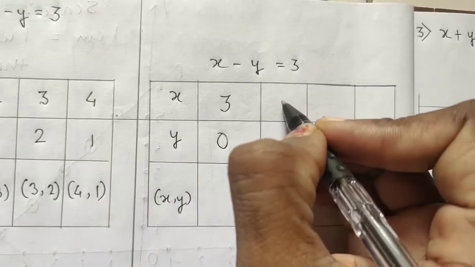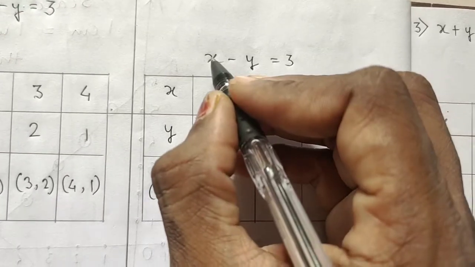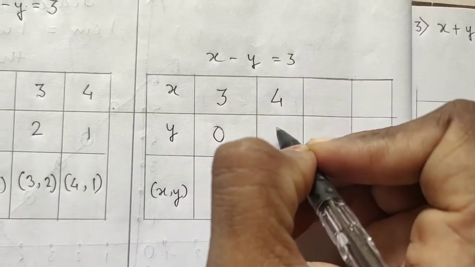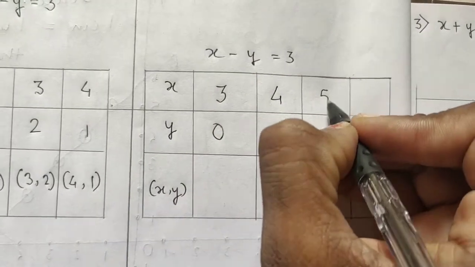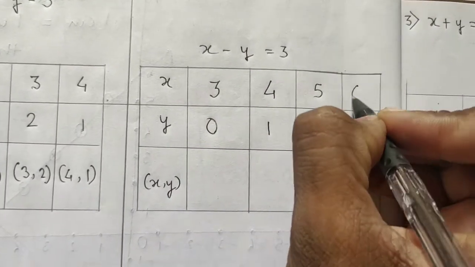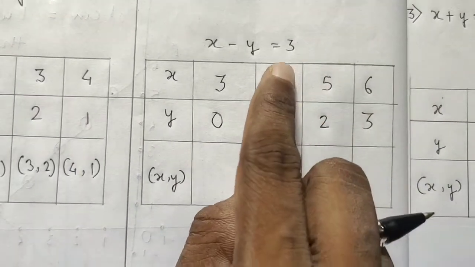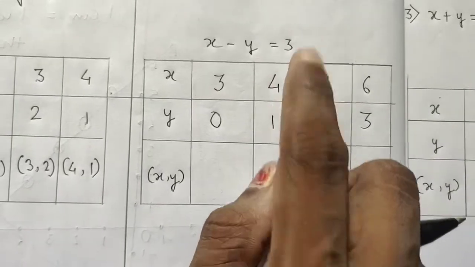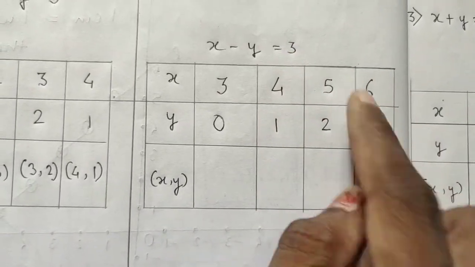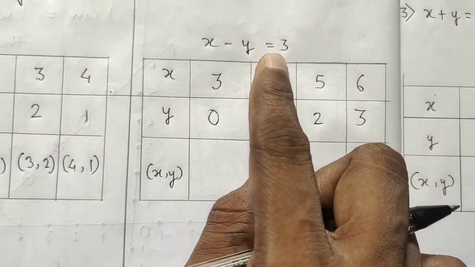So 3 0. If I take 4, then what I will get? 4 minus 1. Okay, similarly 5 minus 2 and last one 6 minus 3. Okay, now you can check it. 3 minus 0 is 3, 4 minus 1 is 3, 5 minus 2 is 3, 6 minus 3 also gives you 3.